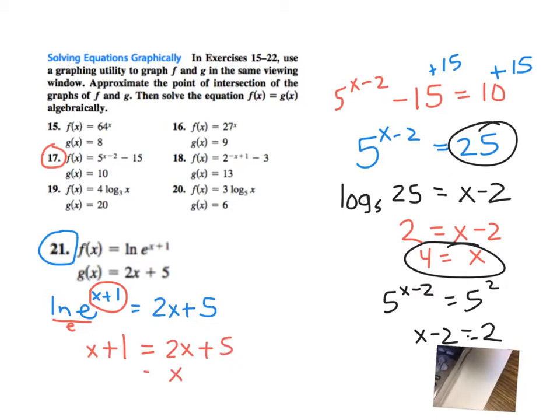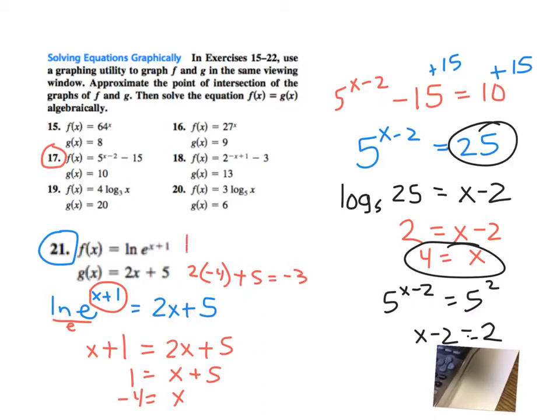Subtract x from both sides. Subtract 5 and you get x equals negative 4. And if you actually check it, 2 times negative 4 plus 5 is negative 3. ln of e to the negative 4 plus 1 would equal ln of e to the negative 3.